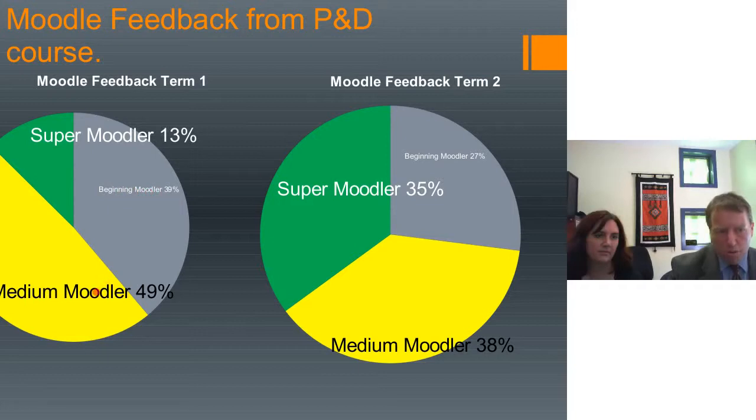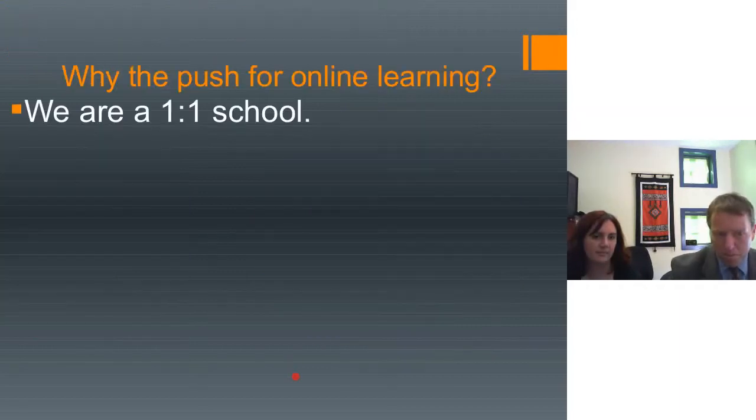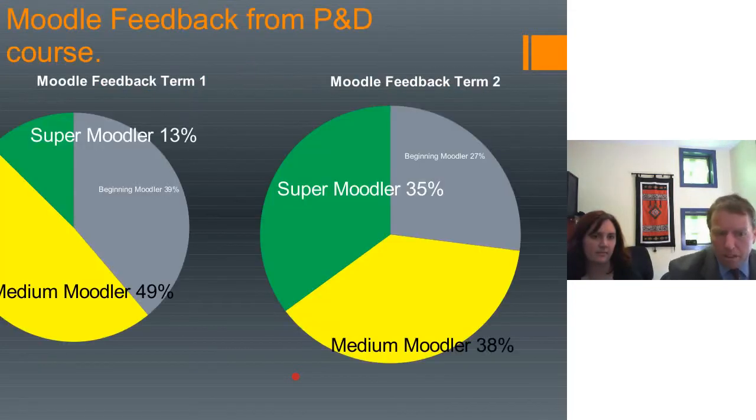Beginning Moodlers were the ones who scored below 40%, and medium Moodlers were 49%. Now, at that time, you try and think, well, we want to move everyone as far into the super Moodler class as we possibly can. By term 2, we had 35% super Moodlers.